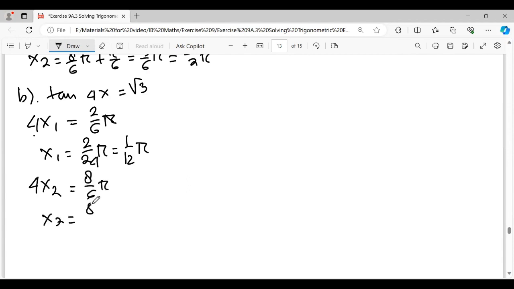X2 equals 8 over 24 pi, or 1/3 pi. 4x3, 1 over 12 pi plus pi. Okay.